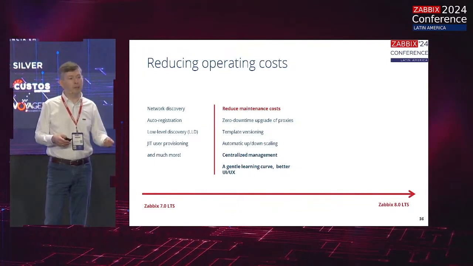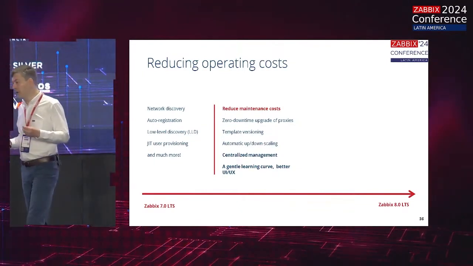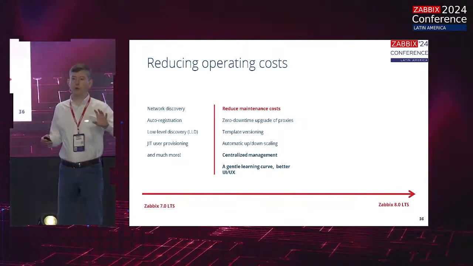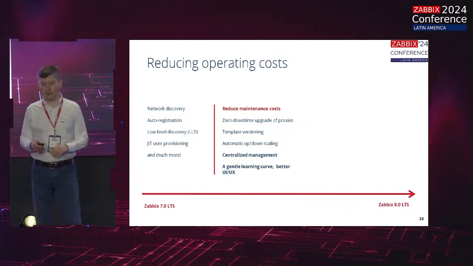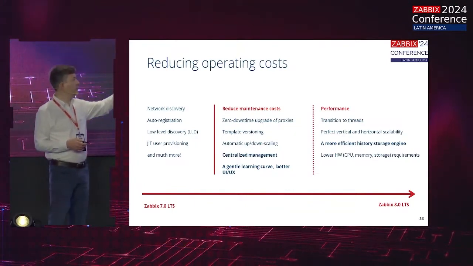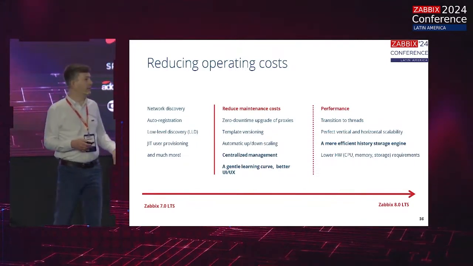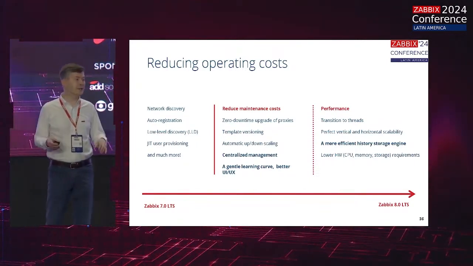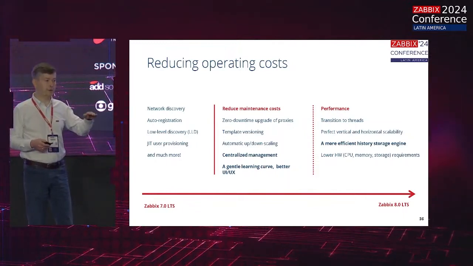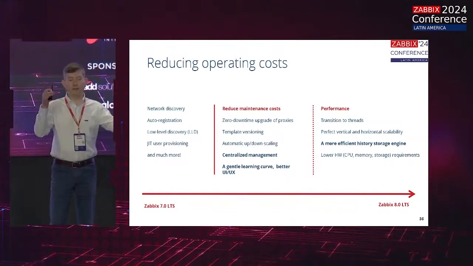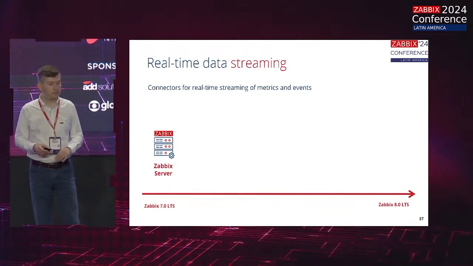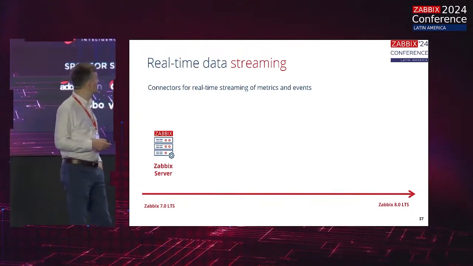We spend much less time on the maintenance of Zabbix, and it really contributes to the total cost of ownership of a Zabbix solution. Performance, we just started the transition to threads. I think we will finish it in 7.2 or 7.4. And it really brings an absolutely different level of vertical scalability, but we also think about horizontal scalability as well.